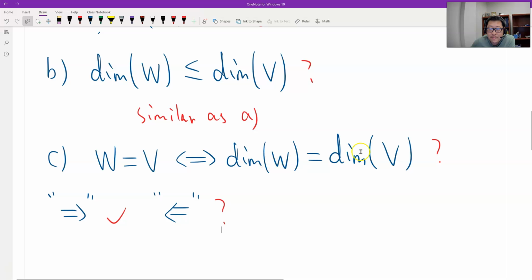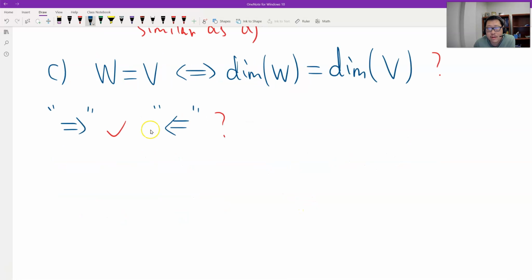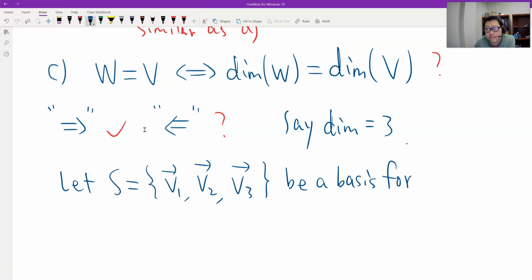And now the second. This means if the dimensions are equal to each other, do you think W equals V? Let's say the dimension is 3. Because W has dimension 3, we should find 3 vectors in the basis, right? So we set up the basis. Let's say S equals {V1, V2, V3} is the basis for W. Because the dimension is 3, we should have 3 vectors. We have a theorem before.